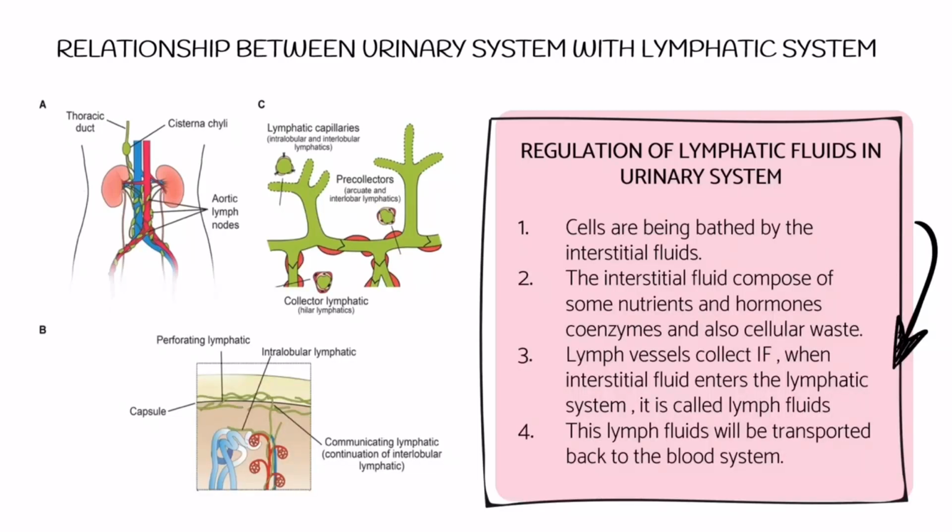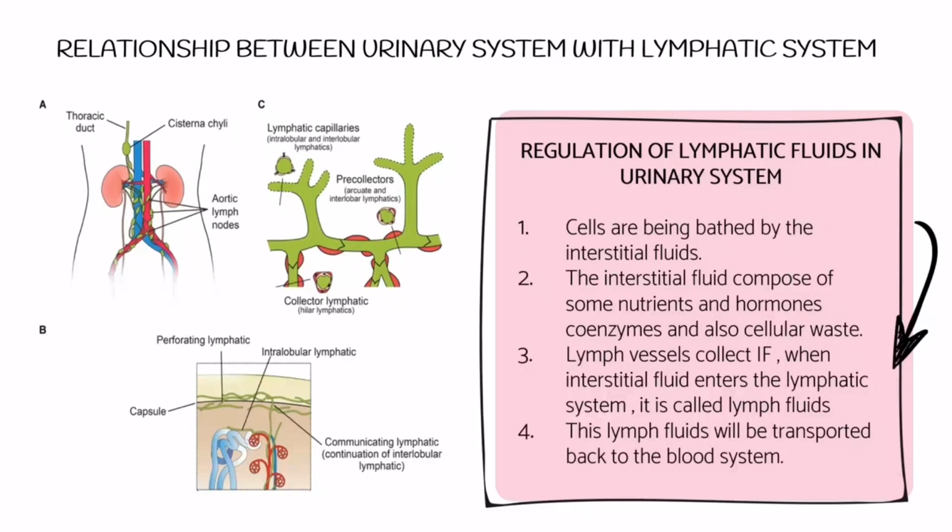The lymphatic system is very important to maintain the normal fluid level inside the urinary system. How does the fluid regulation inside the renal system occur?